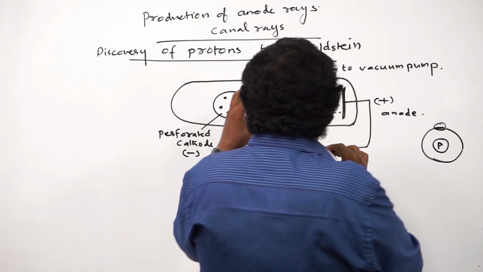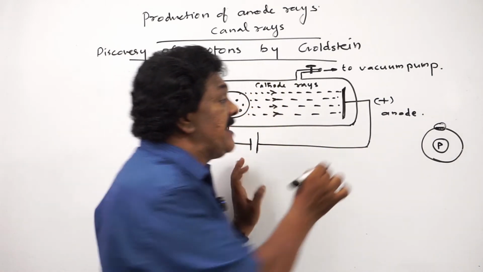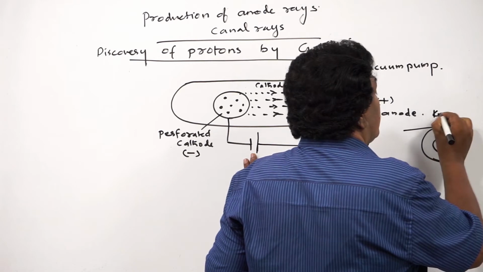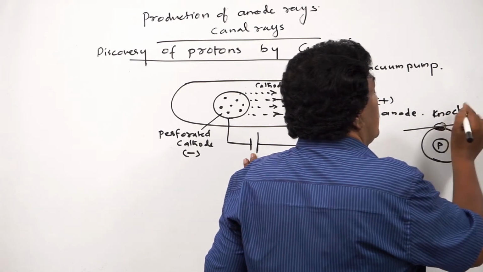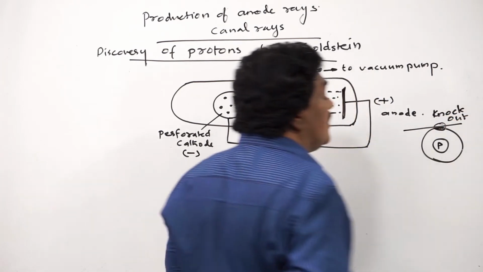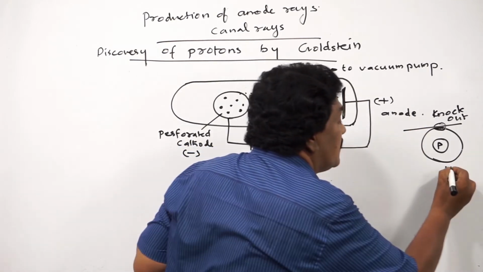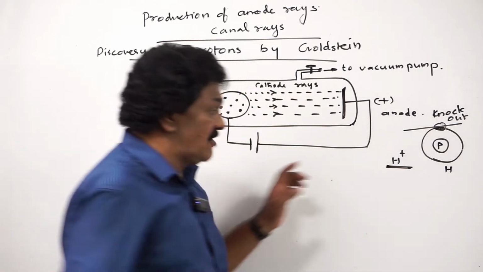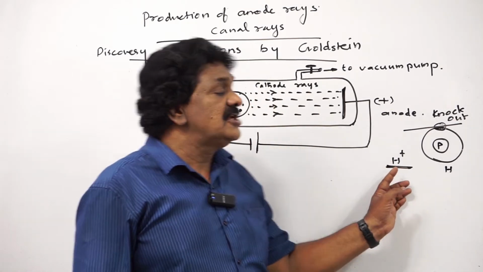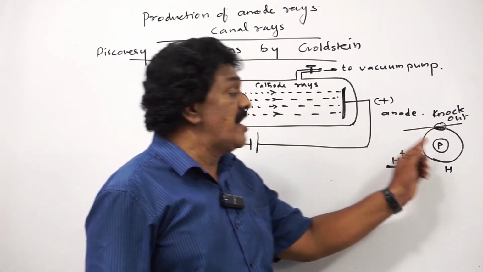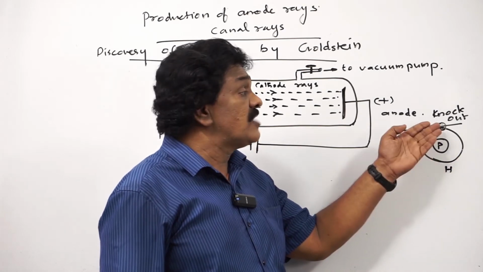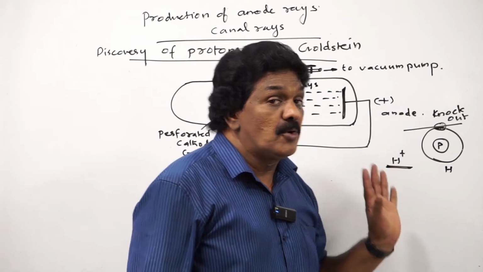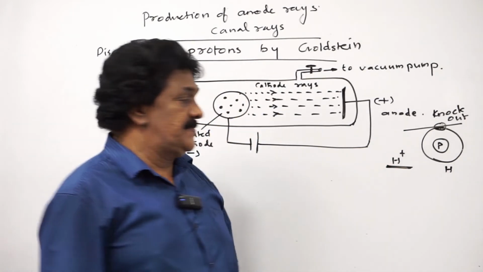So, an electron of the cathode ray may knock out the electron of the hydrogen atom, producing unipositively charged ions. So it's clear that this ion contains only one proton. Why? Because the electron has been knocked out. So the remaining part is only the proton. It does not contain a neutron.